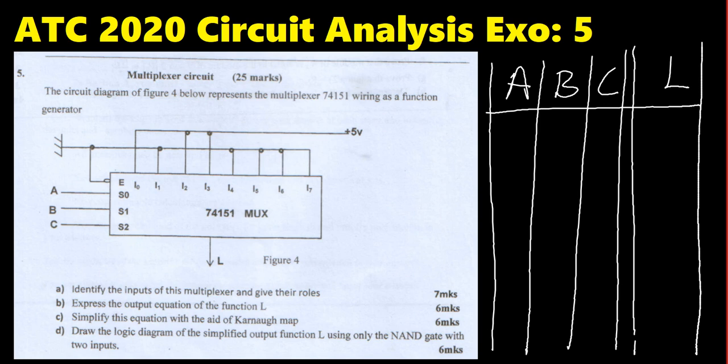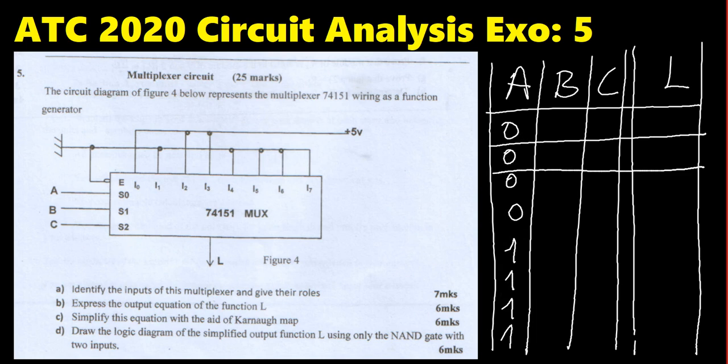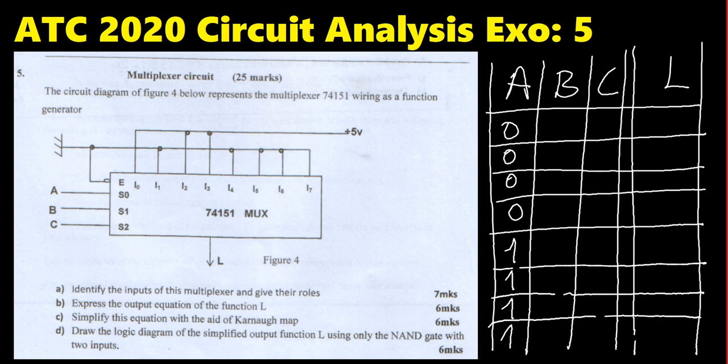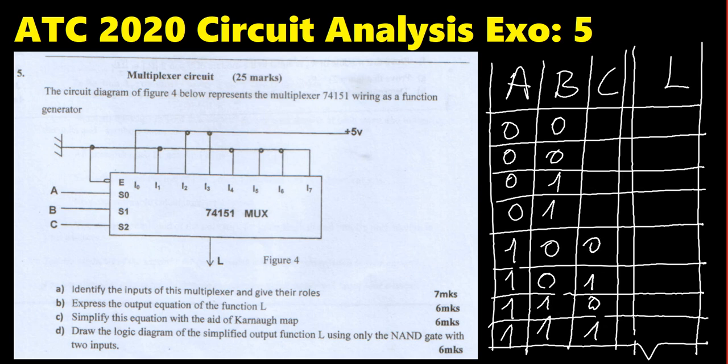For the first combination we have 0, 0, 0, 0, 1, 1, 1, 1, then 0, 0, 1, 1, 0, 0, 1, 1, and 0, 1, 0, 1, 0, 1, 0, 1.